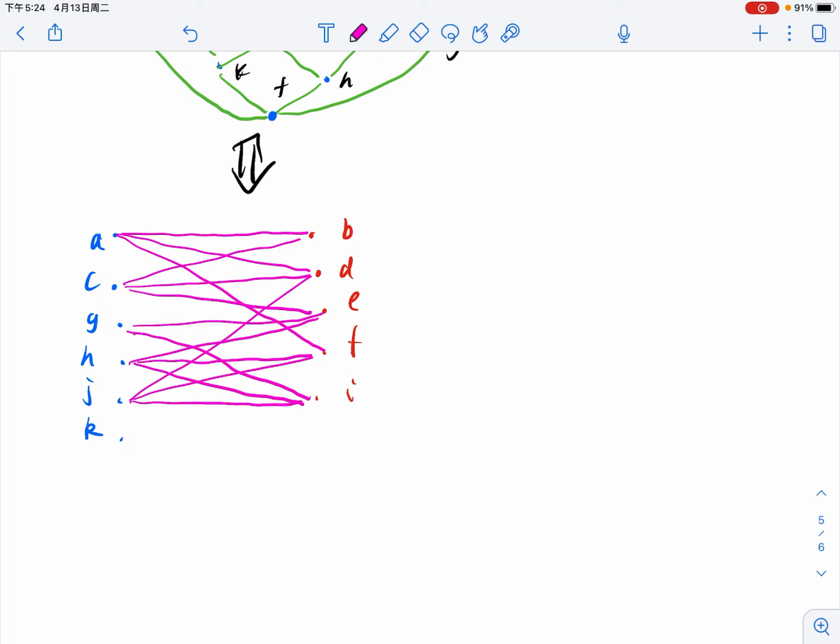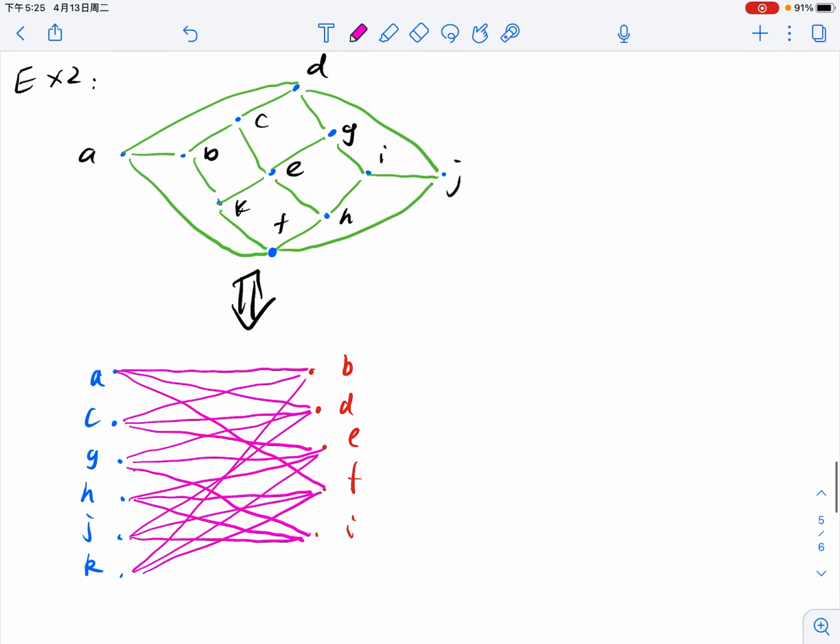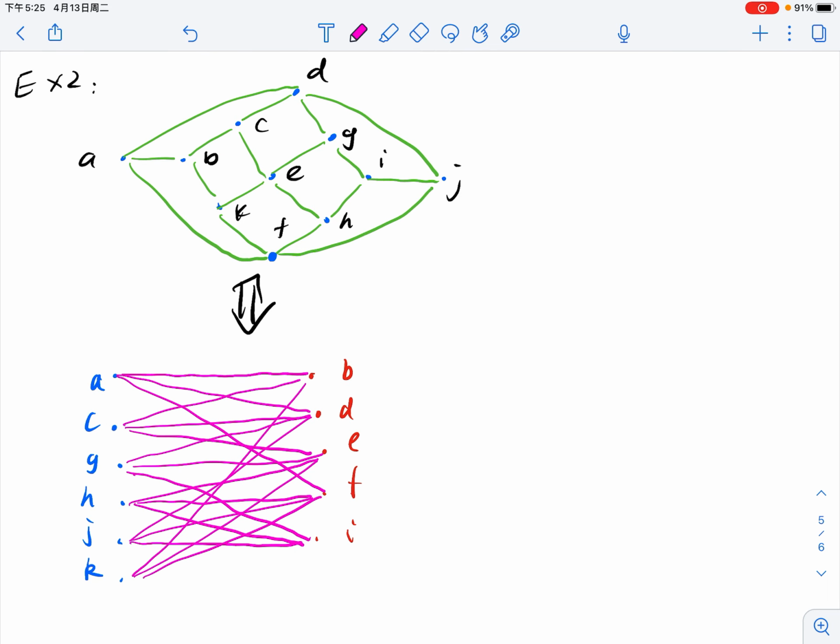G is connected to D, E, I. And J is also connected to D, and then K is connected to B, E, F. Okay, anyhow, the rearrangement is complicated.